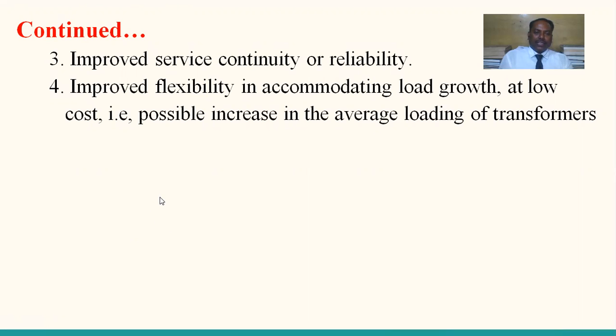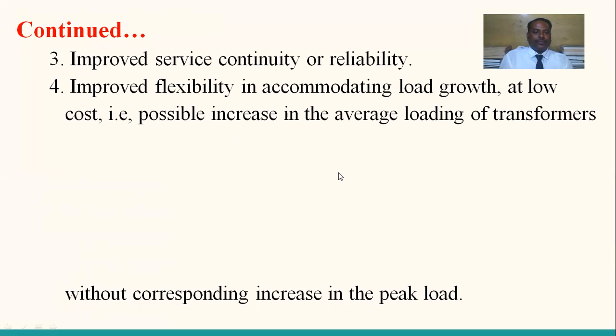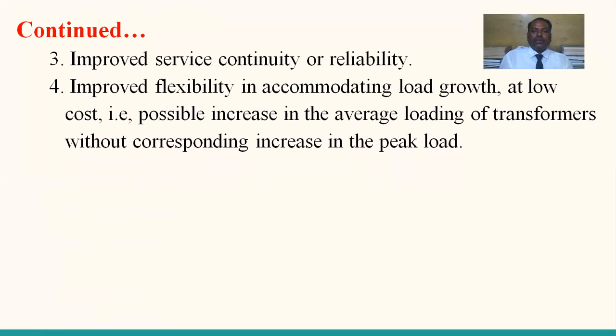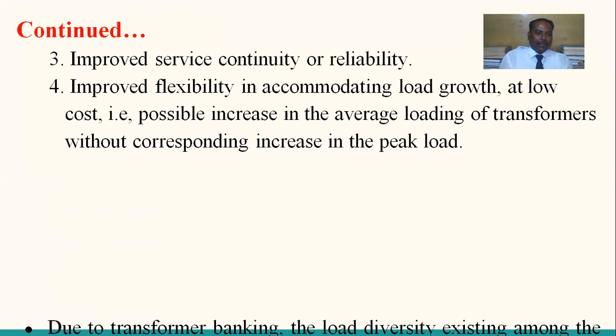Why? Because the two transformers are already sharing the load, and the increased load can be met with the help of the parallel transformer. That is possible: an increase in the average loading of transformers without a corresponding increase in peak load. So these are the benefits due to the secondary banking.